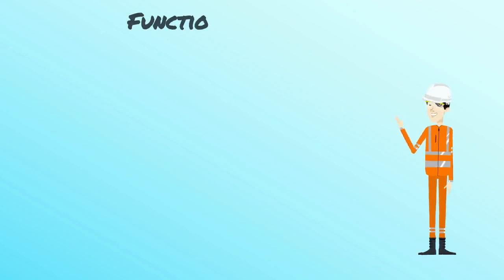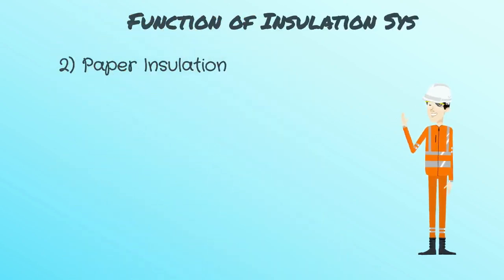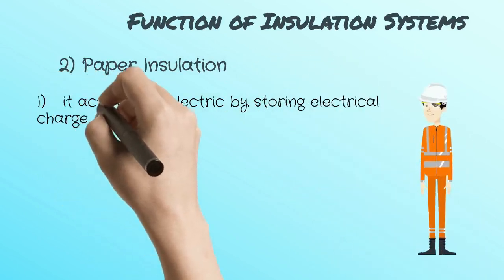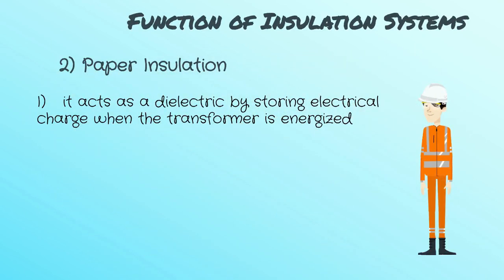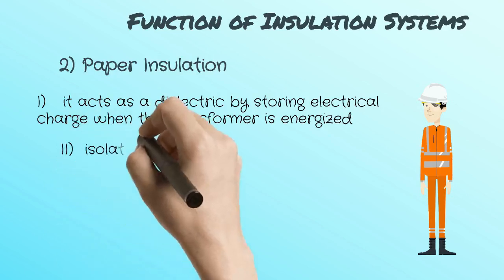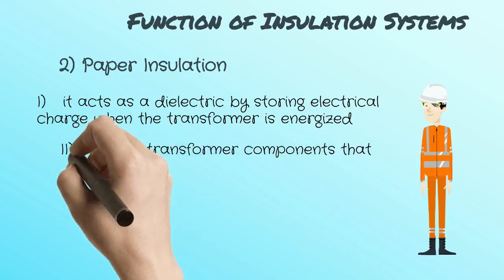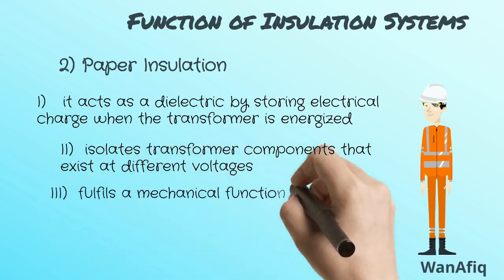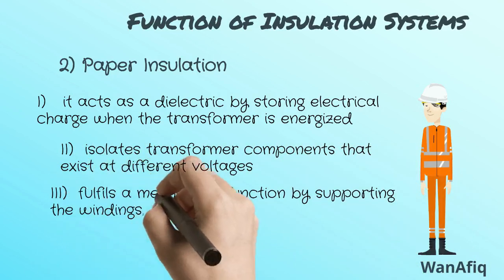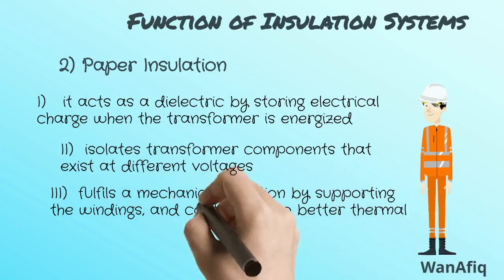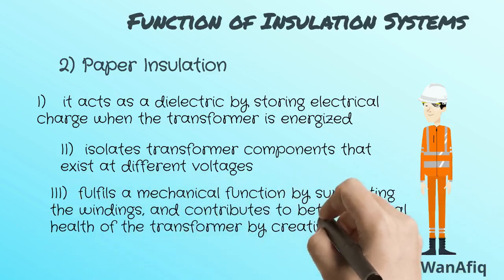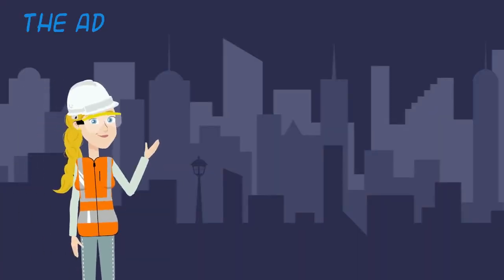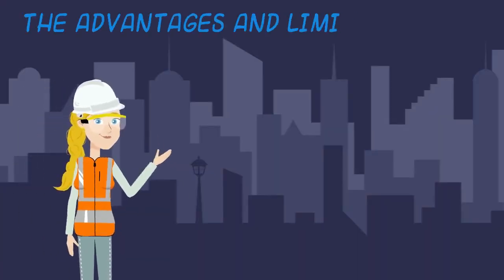Next, paper insulation. It acts as a dielectric by storing electrical charge when the transformer is energized. It isolates transformer components that exist at different voltages and fulfills a mechanical function by supporting the windings, and contributes to better thermal health of the transformer by creating cooling ducts for the coil. The advantage and the limitation of the insulation system.